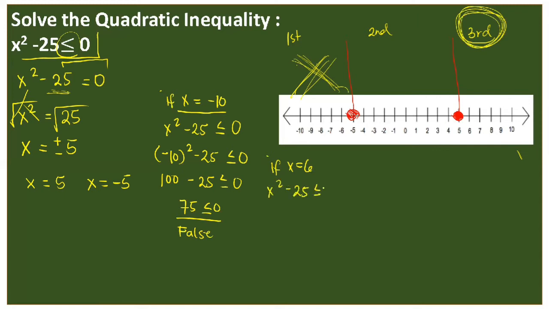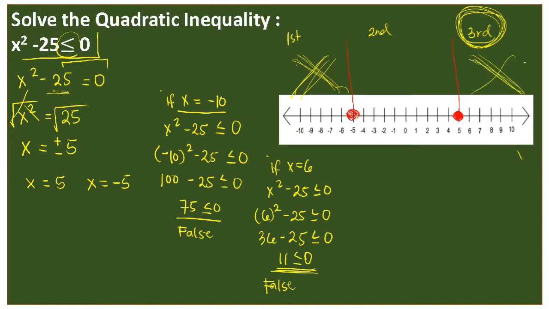So, 6 squared minus 25 is less than or equal to 0. 6 squared is 36, minus 25 is positive 11, less than or equal to 0. So, this statement is false. This means the third region is not consisting of our solution set.